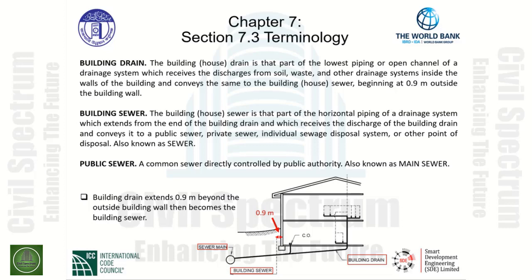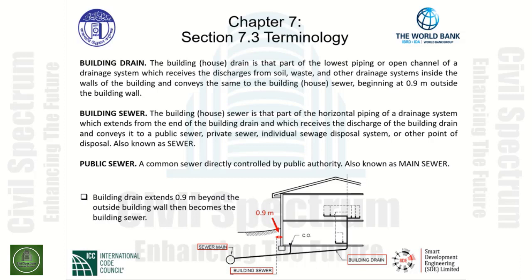The building sewer is that part of the horizontal piping of a drainage system which extends from the end of the building drain and which receives the discharge of the building drain and conveys it to a public sewer, a private sewer, individual sewage disposal system, or other point of disposal. This is also known as sewer. Lastly, the term public sewer.